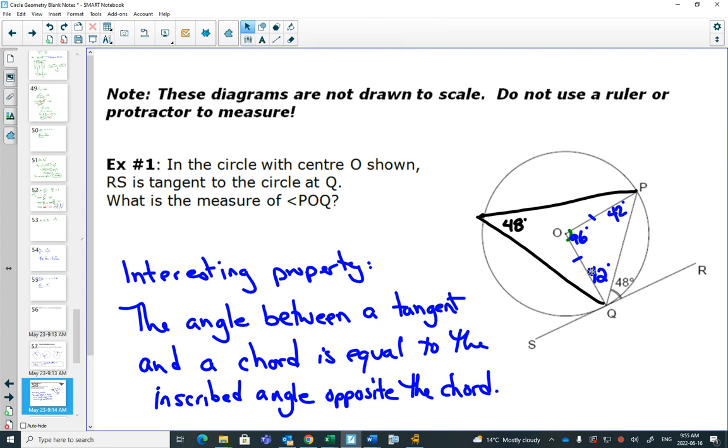Yeah, it's an interesting property. So you notice that the original angle they gave us was 48? That will always be equal to the inscribed angle with that same chord, which is kind of cool.